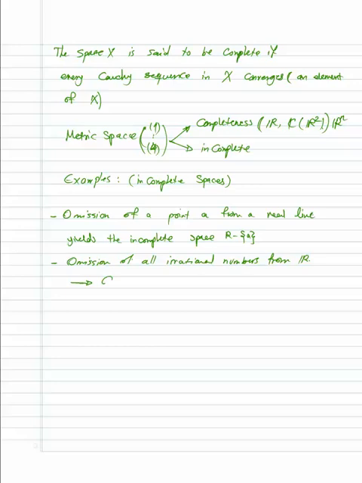Yes, we will have the Q, the rational line. And this is not complete. It is incomplete. Okay, these are two examples of incomplete spaces, and to conclude this tutorial, I will give you a theorem.